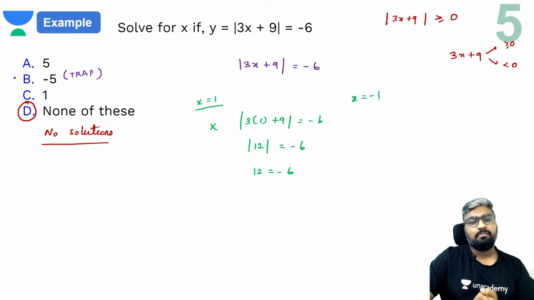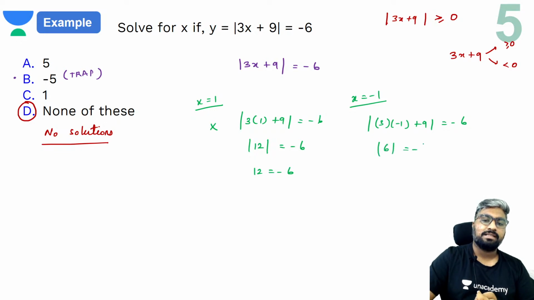Even if I put in -1, what will I get? Modulus 3 into -1 plus 9 is -6. So this becomes 9 minus 3. Modulus 6 is -6, which is not true. 6 is not equal to -6. Whatever value you put in, it won't work here.